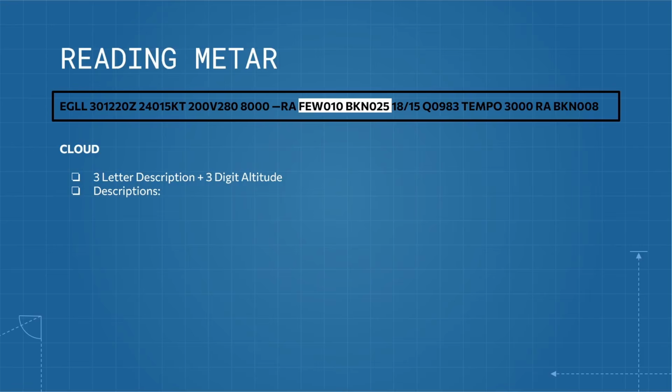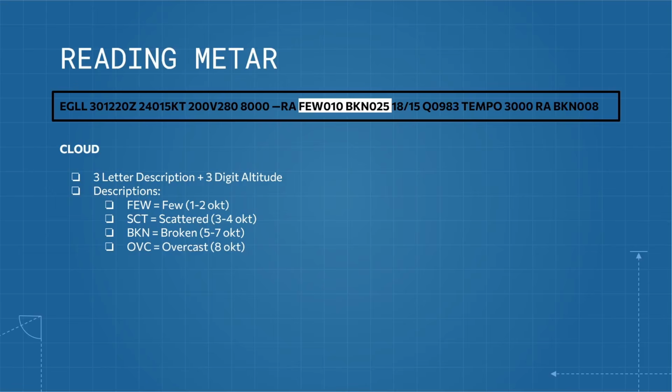Of these descriptions, FEW stands for few and indicates that 1 or 2/8 or oktas of the sky are covered by cloud. SCT stands for scattered, where 3 to 4/8 are covered. BKN is broken and it indicates 5 to 7/8 are covered. And when the cloud is completely covering the sky, OVC for overcast is used.